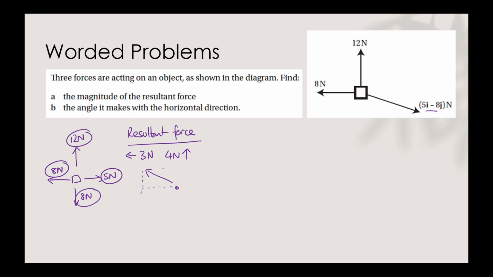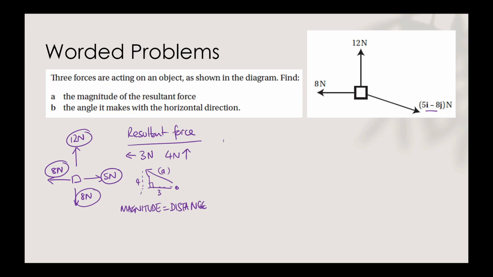Now the question is asking me to work out the magnitude, and the magnitude is equal to the length or the distance. So using my diagram, I know that this distance up is 4 and this distance here is 3, and so what that turns into is a right angle triangle, and notably Pythagoras.